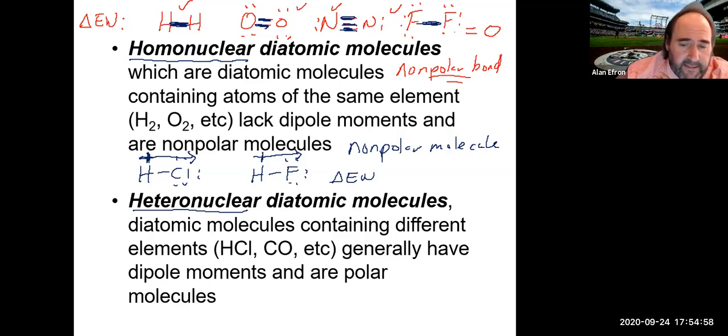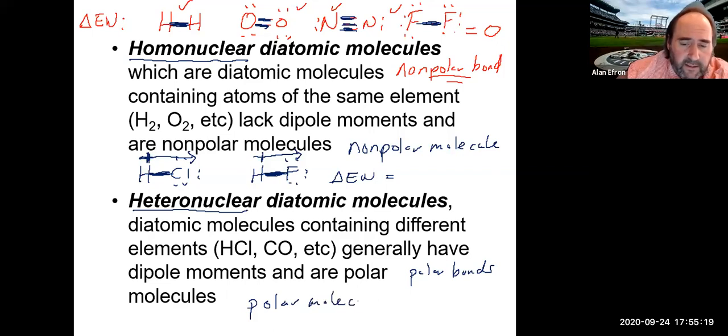And what that means is these do have polar bonds, and those polar bonds are a result of that difference in electronegativity. For the same reason as above, because that is the only bond in the entire molecule, it must also be a polar molecule.